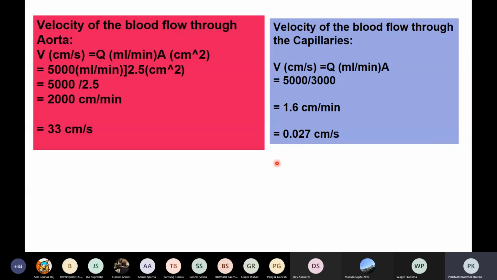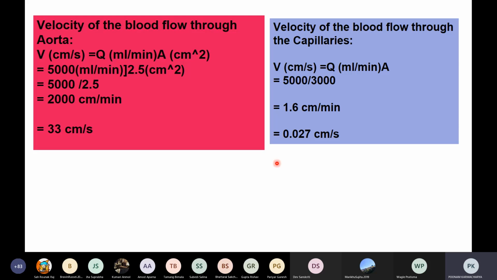Since the cross-sectional area in the capillaries is much high, the velocity of the blood flow is less, and we need the velocity of the blood to be slower in the capillaries because it is the area where the exchange has to occur, and because of that the velocity of the blood flow should be decreased at the capillary area.